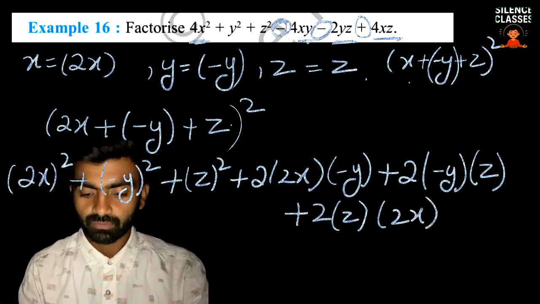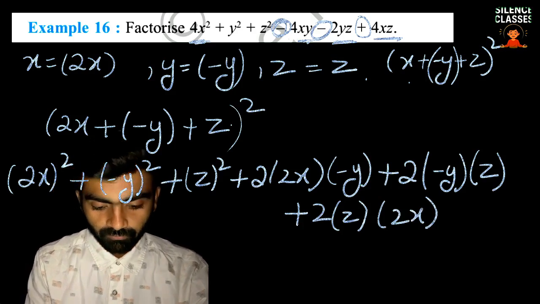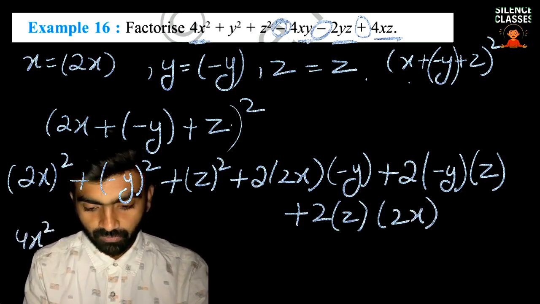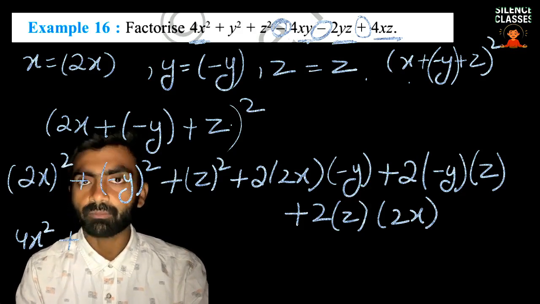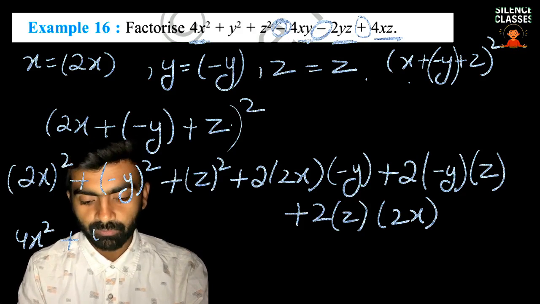Now let's solve it out. We will get 4x square plus, because minus y multiplied by minus y, minus will become plus, and y will become y square, plus z square.